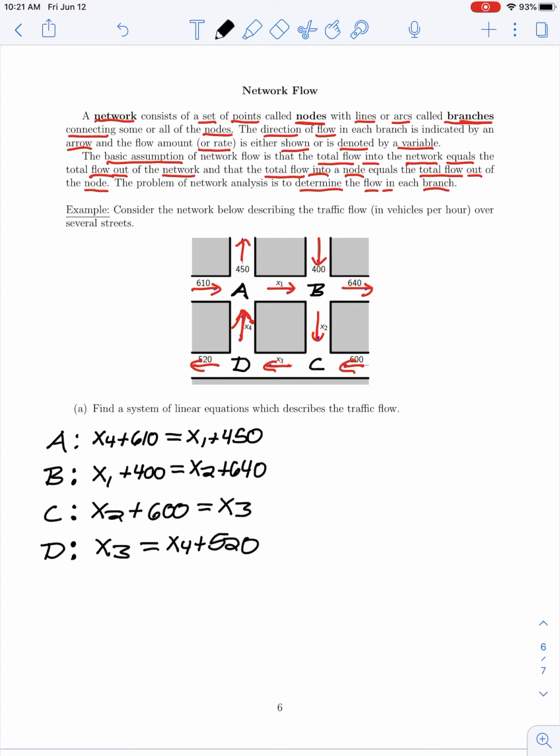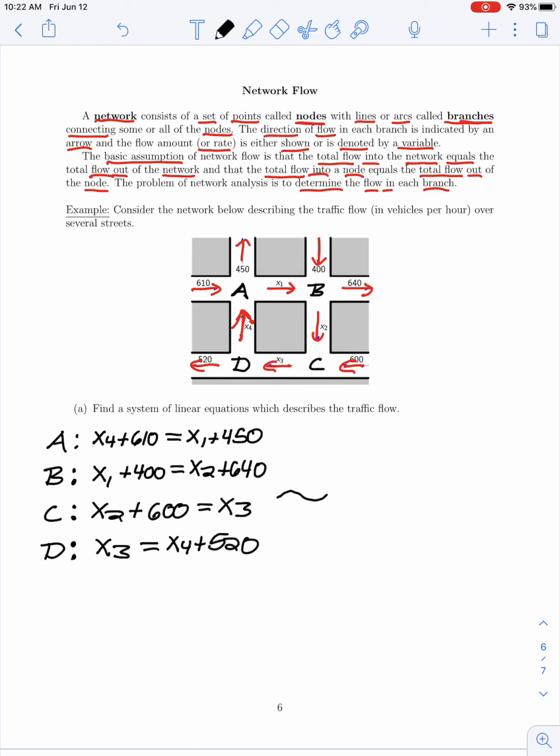So we have here a system of linear equations representing this traffic flow or network flow. We might want to simplify each equation so that it's a little bit easier to work with. So starting with my first equation for node A, well, let's just move all of our variables to one side of the equation. So throughout these, let me maybe move everything to the left-hand side of each equation.